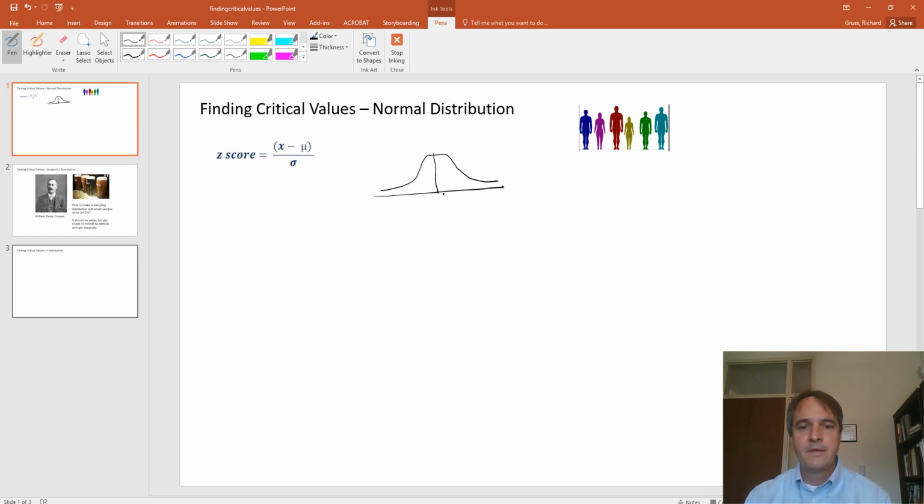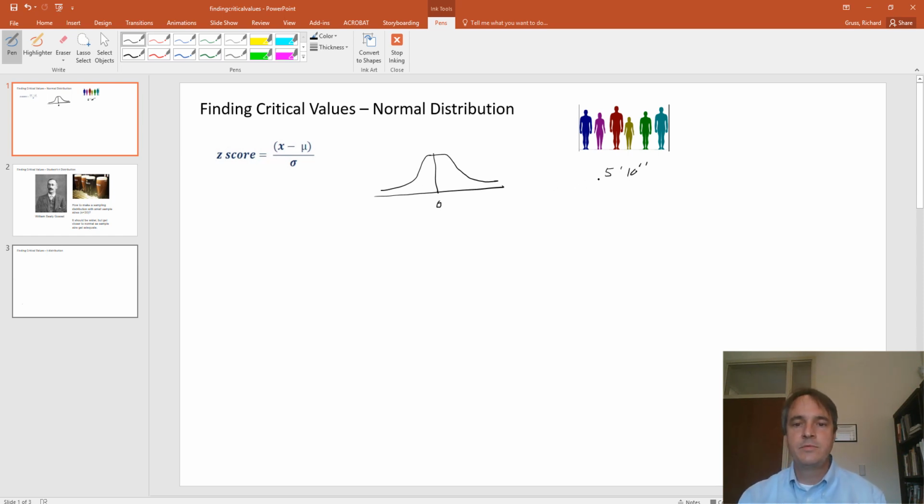So for example, if the average height might be something like 5'10", then the z-score of 5'10", because it's exactly equal to the mean, would be 0. So it's 0 standard deviations away.